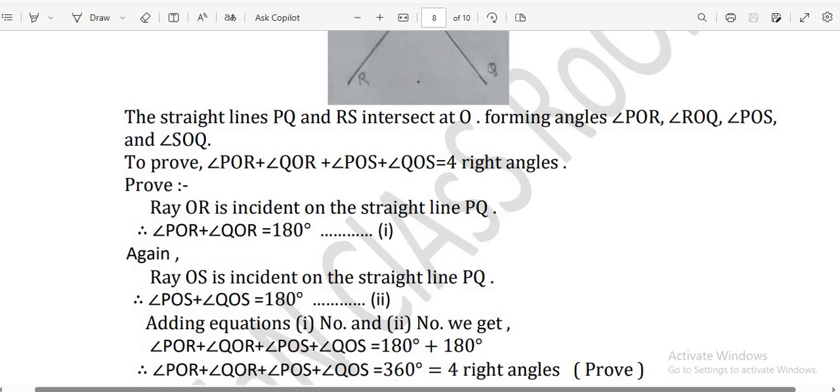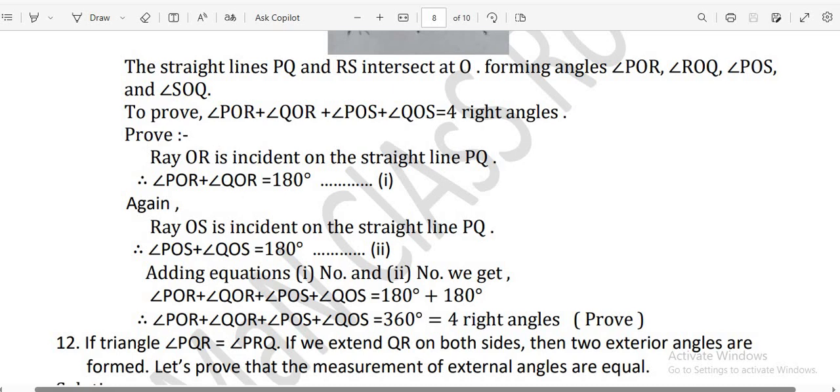Adding equation number 1 and equation number 2, we get angle POR plus angle QOR plus angle POS plus angle QOS is equal to 180 degrees plus 180 degrees.